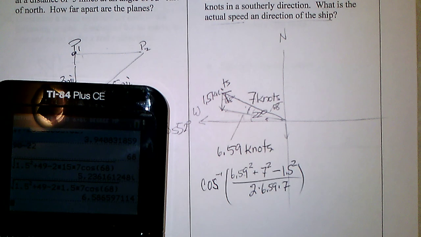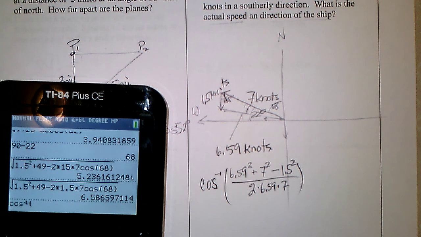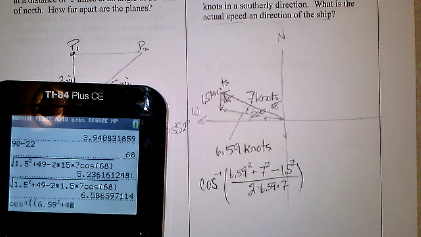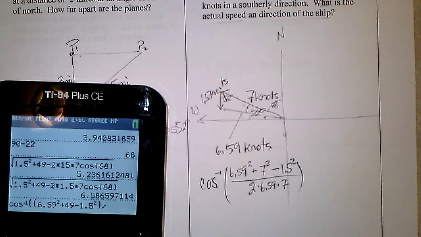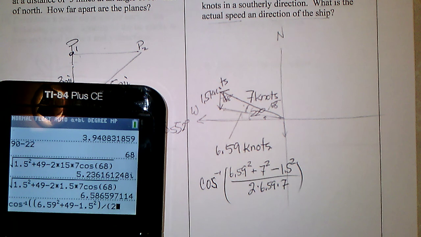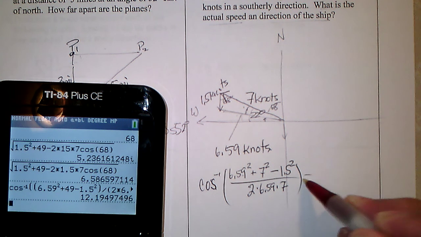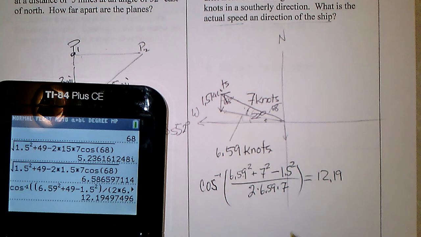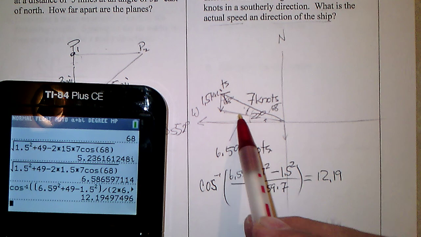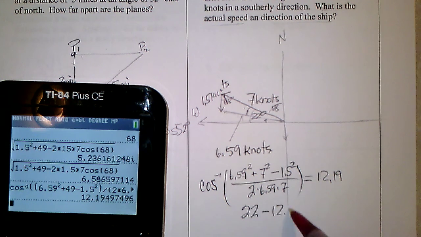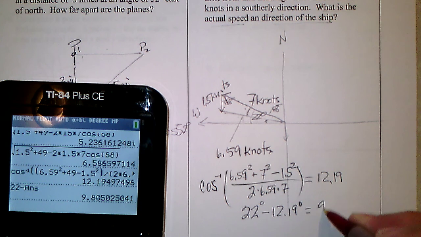So typing that in, I have cosine inverse of the numerator, parentheses, 6.59 squared plus 7 squared minus 1.5 squared, that's the numerator, divided by 2 parentheses 2 times 6.59 times 7, close parenthesis for the denominator, close parenthesis for the cosine inverse, and I get the angle in here is 12.19, and I would have to take that off of the 22 to know what's here, so I take 22 minus the 12.19, and I get 9.8 degrees.